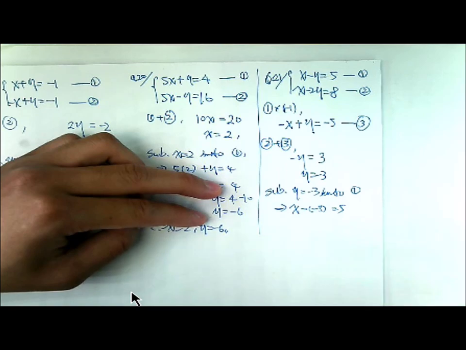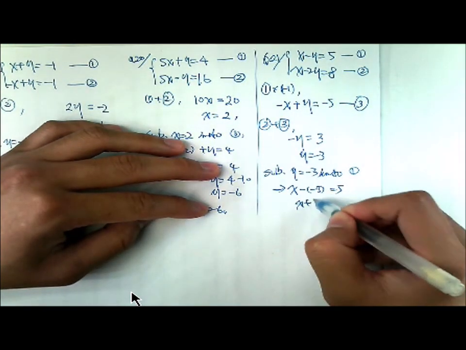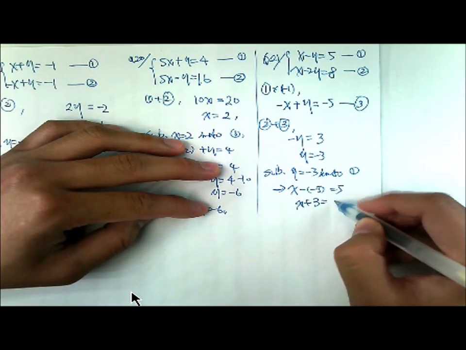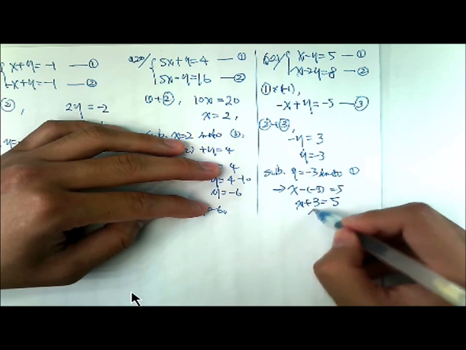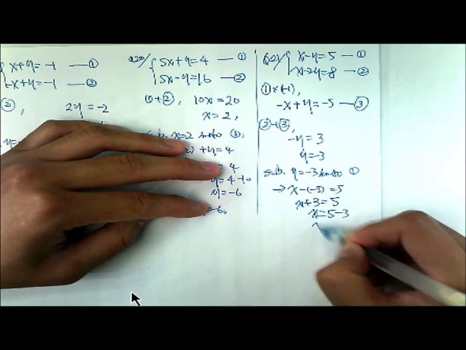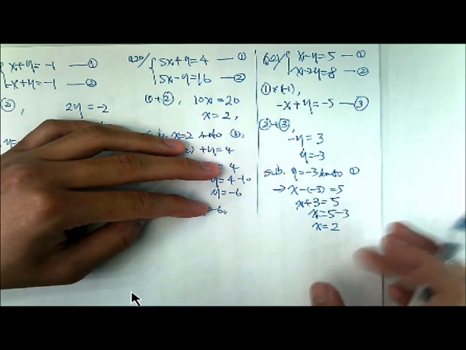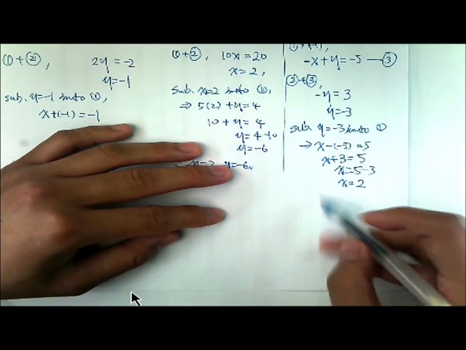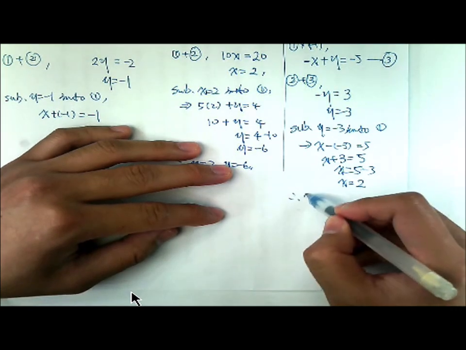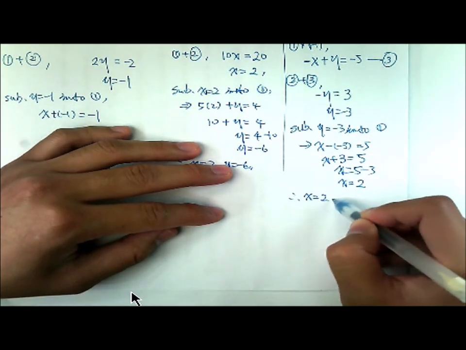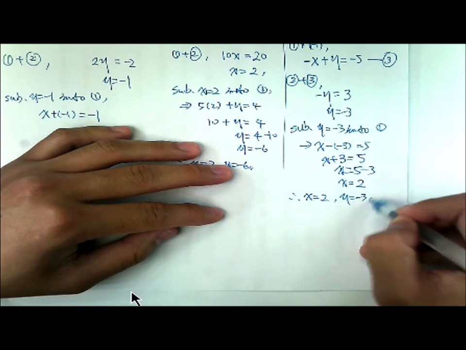Actually you have x plus 3 equal to 5. Understand? So move this 3 to the other side, become minus 3. So you finally get x equal to 2. Understand? So x equals 2, y equals minus 3 is defined.